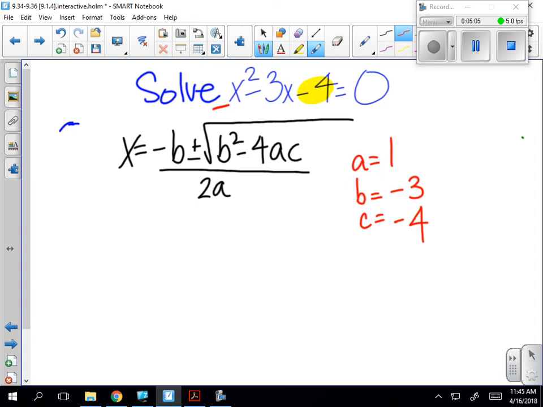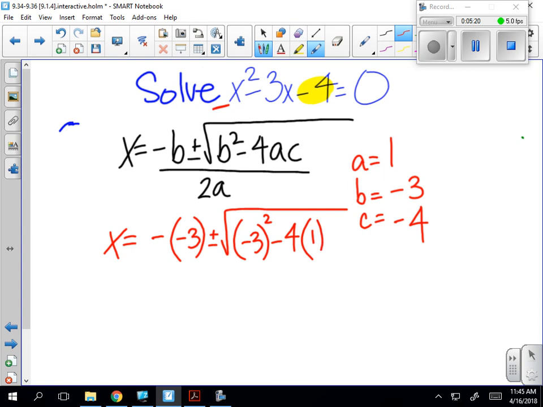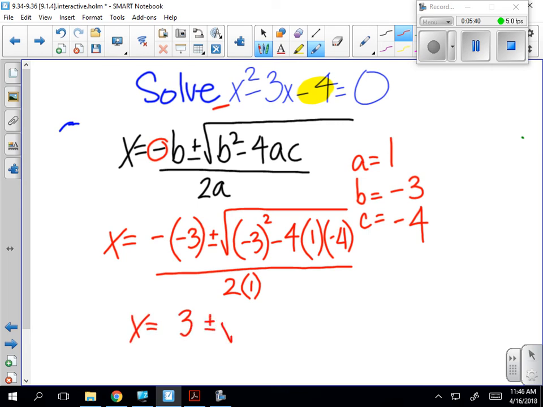So now that we know what a, b, and c are, we can go ahead and plug them in. So I could have just written a positive 3 at the beginning, but I wanted to show you guys that it always is a negative sign and then whatever your b value is. So in this case, it really does simplify to be a positive 3, plus or minus the square root.